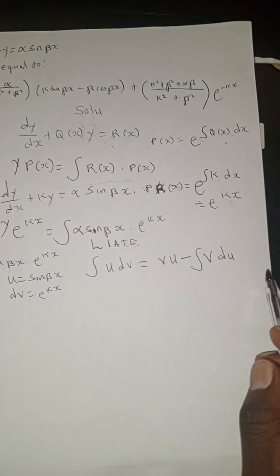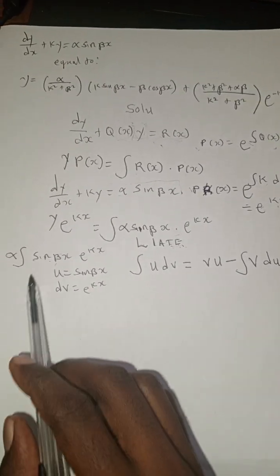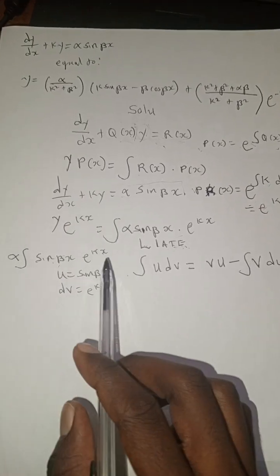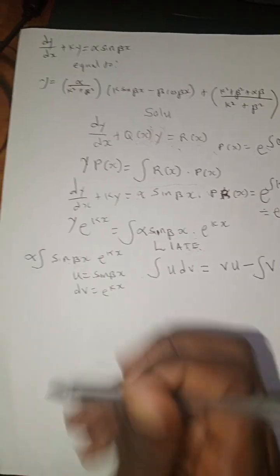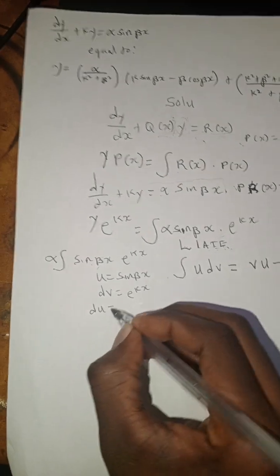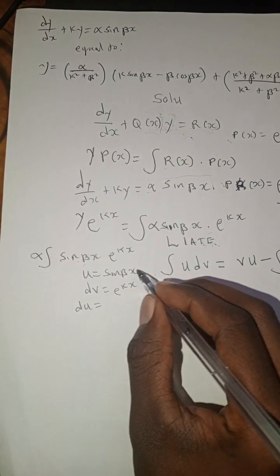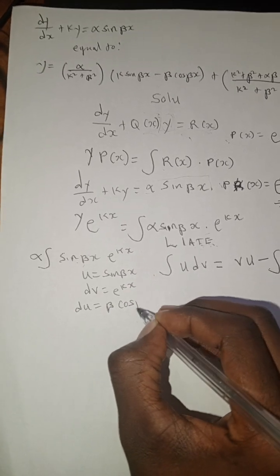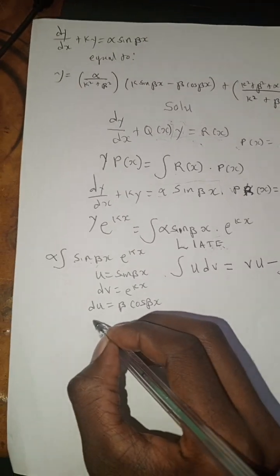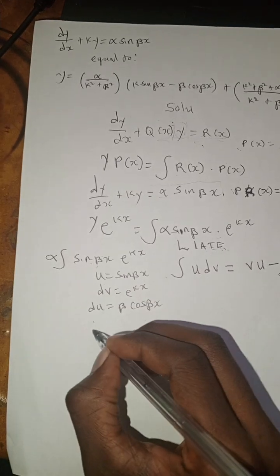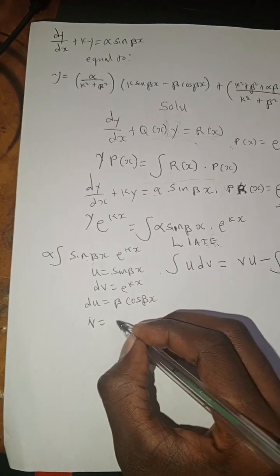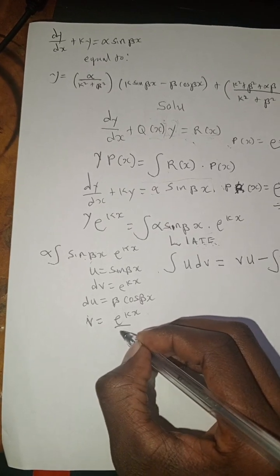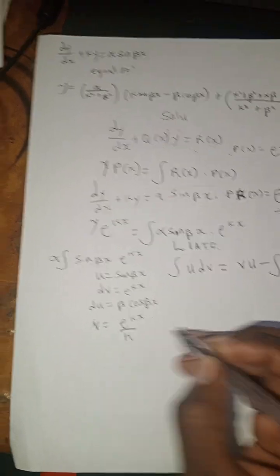Now we are just going to follow this formula with whatever we have here. Now how can we find this du? We just have to differentiate this. So du is the same as, when we differentiate sine beta x, it is beta cos beta x. When we integrate dv to find v, we're going to have exponent kx, then we divide through by the derivative of the power.